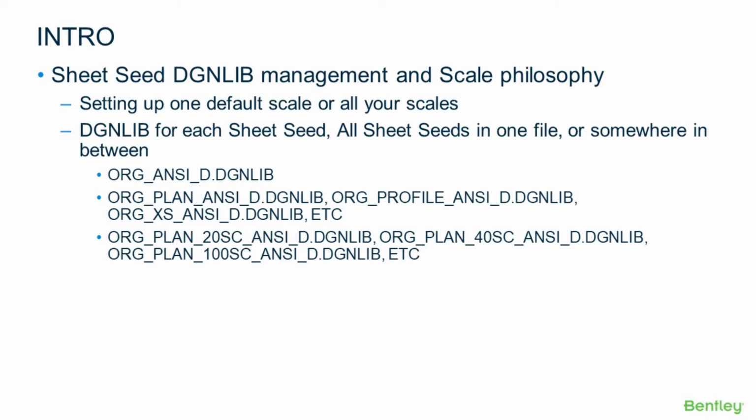So I like to keep the DGN libraries down to as small as I can without getting too many eggs in one basket. So sometimes if you are setting up all the scales, then you might have a DGN library for plan with all the scales in it, and then profile with all the scales in it, and so on. So, okay, enough on that.